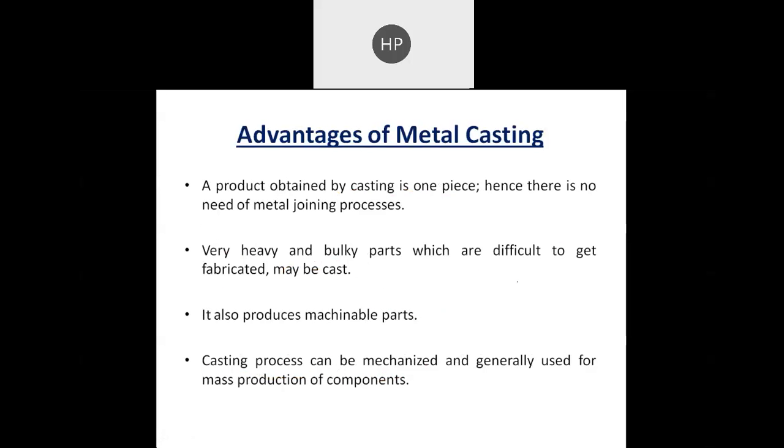It is a single piece, so there is no need for joining processes. Heavy and bulky parts can be made by casting. We can also make machinable parts, and the casting process can be mechanized so that we can use it for mass production of components.